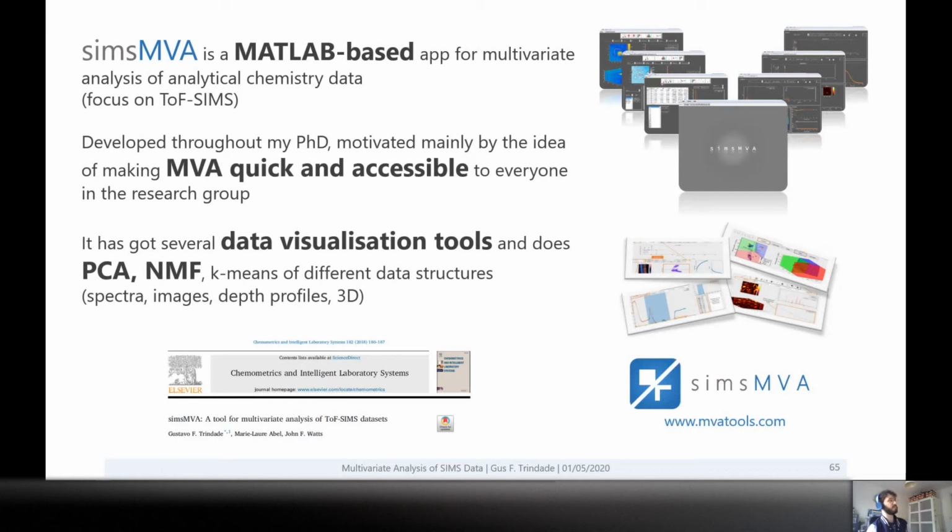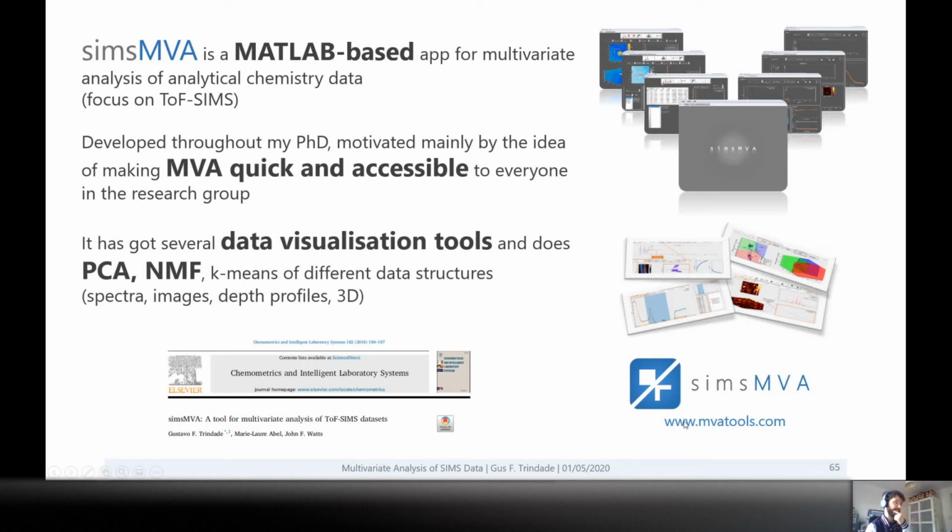So everything I was doing was based on the problems we had in the labs, always in collaboration with some other colleagues. It's got all these visualization tools I mentioned and some others. You can do PCA, NMF, and also something called k-means clustering for different data structures. You can process spectra, images, depth profiles, 3D data sets, and get these results I showed here.